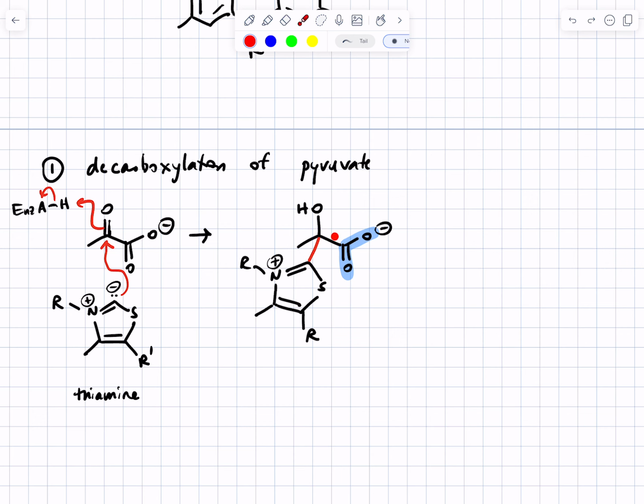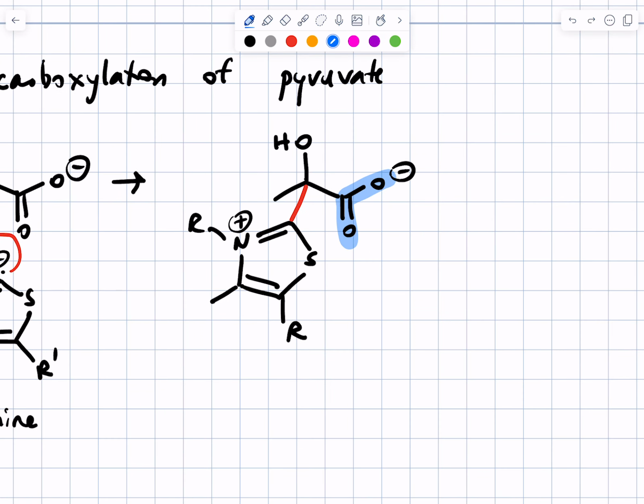If we broke this bond, would it be stabilized by resonance now? Yes, because of the pi bond in the thiamine ring. Just so you can see the pattern, let's look here: carbonyl carbon, alpha carbon, beta carbon. That's not a ketone, but it does have a pi bond.